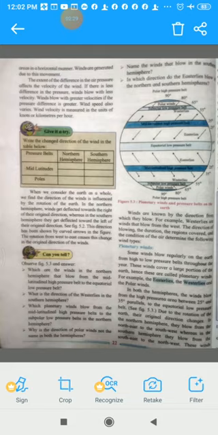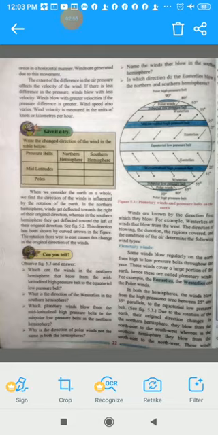So where does the wind blow from? They blow from the mid latitudinal high pressure belt to the equatorial low pressure belt. We have studied that winds blow from high pressure to low pressure. So in the north and in the south, they are blowing from the mid latitudinal high pressure belt, that is 25 to 35 degree, to the equator, that is the equatorial low pressure belt.